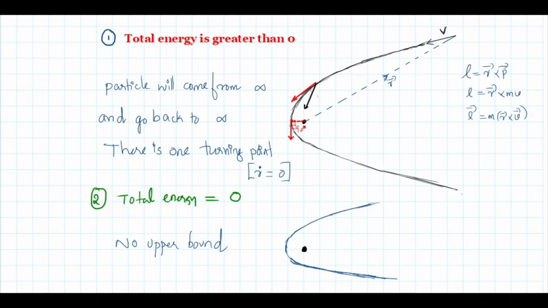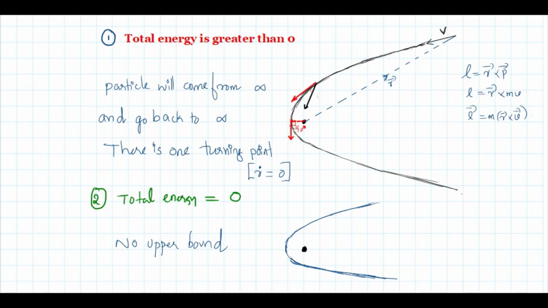Okay, so at this point at which r dot equals 0, the entire velocity is tangential. Here you can see that at other points the velocity has a radial component and a theta component, but at this point there is no radial velocity. All the velocity is tangential.